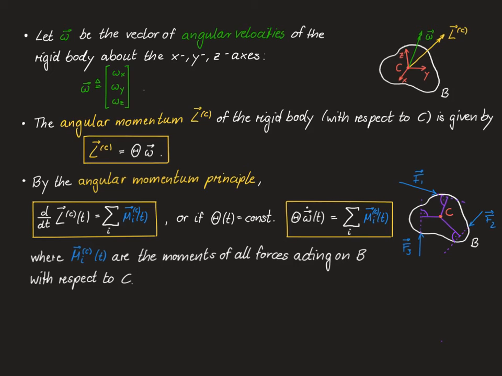Again, if the mass, or in this case the angular mass, is constant over time, the angular momentum principle simplifies to this formula here, where Theta times the time derivative of the angular velocity is equal to the sum of all moments acting on the rigid body.